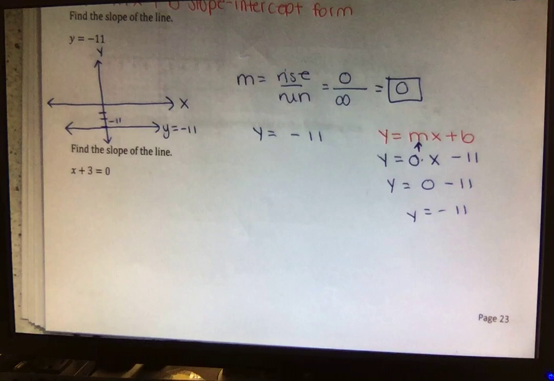There is our line. So we went down 3, and then we went right 1. Down 3, right 1, from our y-intercept, that's our starting point.